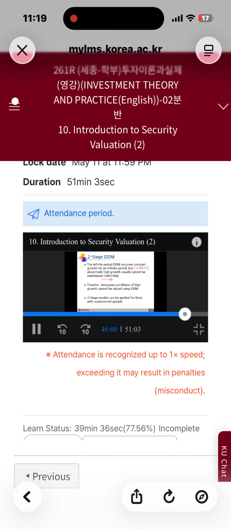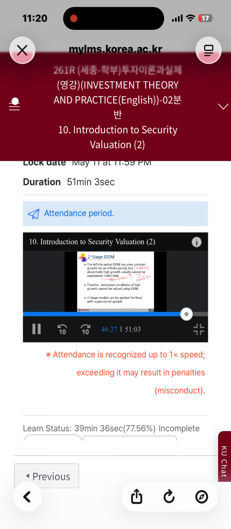Say startup firms grow very highly in the first stage, in the first years of their operations, and this growth rate will start to decline in the future and be stabilized. Say, mature firms.